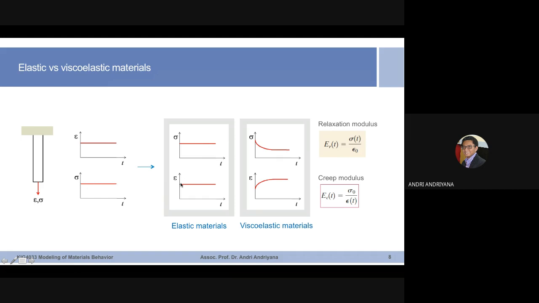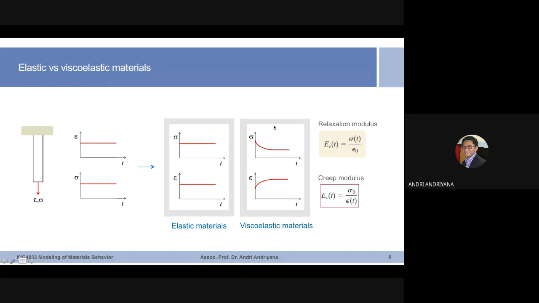Constant stress leads to constant strain for elastic materials. But for viscoelastic materials, constant strain leads to stress which will decrease over time, while for constant stress, viscoelastic materials will provide a response whereby the resulting strain will increase over time.